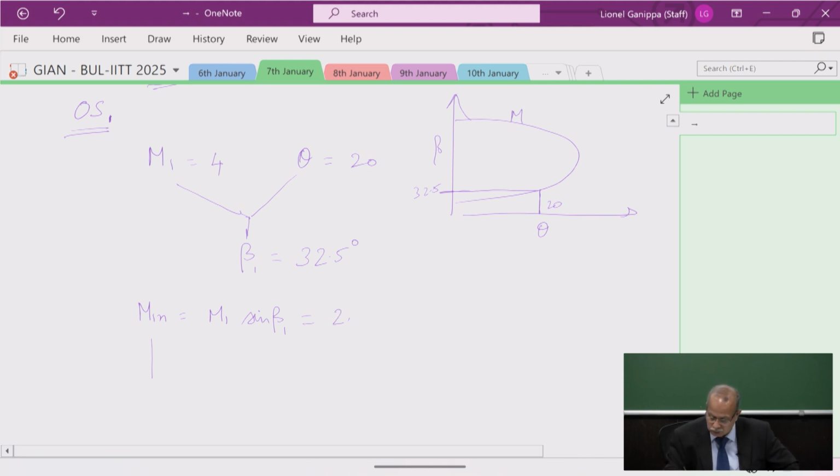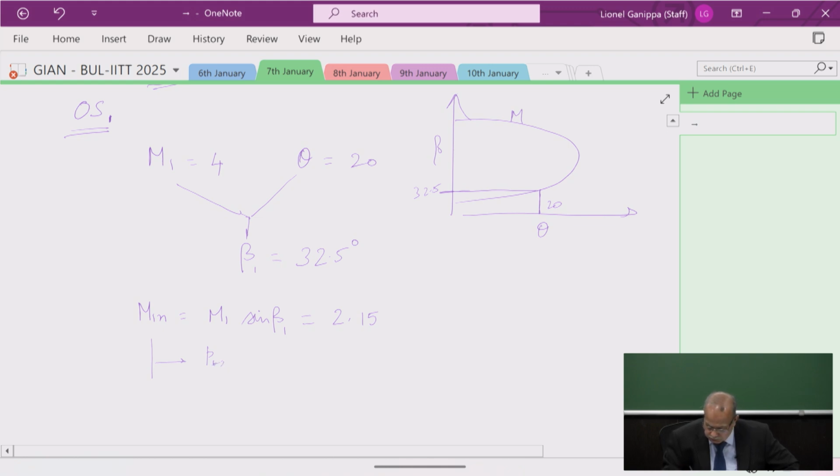M1N is 2.15. For this value of M1N, you can find what is PT, you can find what is P2.